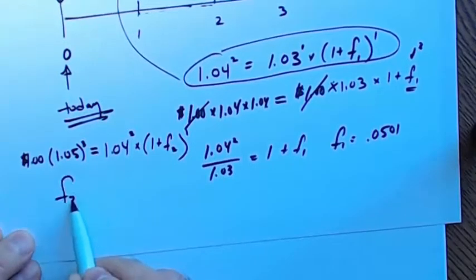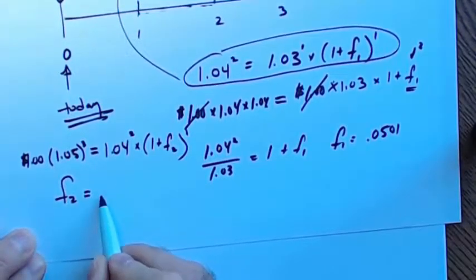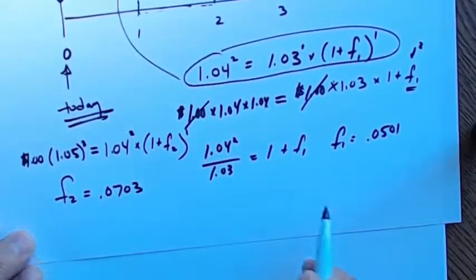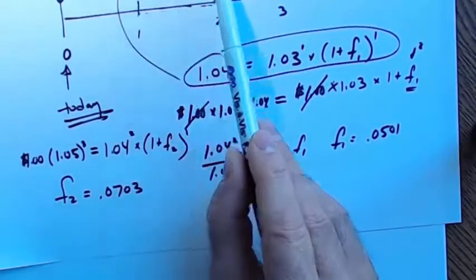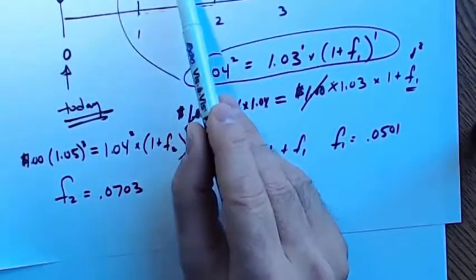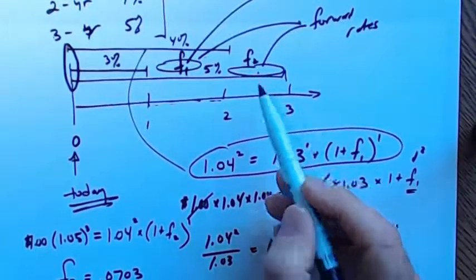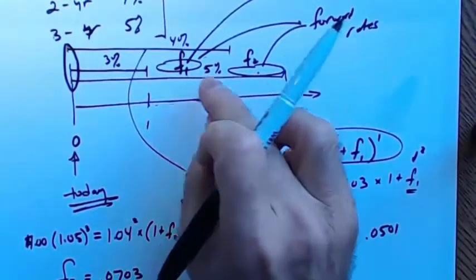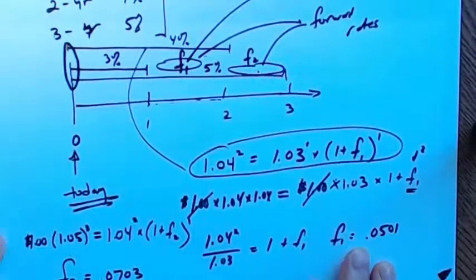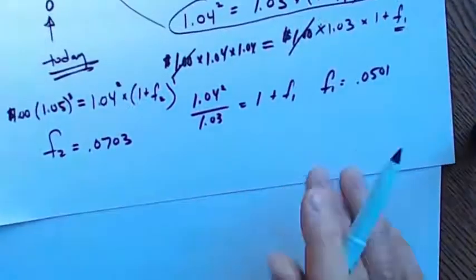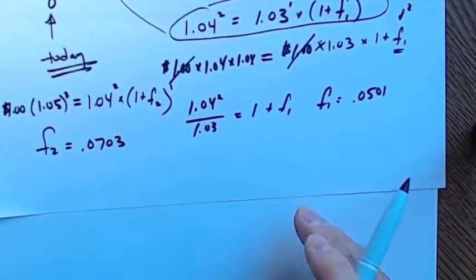And so when we do this math, F2 equals 0.0703. And so you can kind of see that if you take an average of 3, 5, and 7, it'll be 4, ballpark here. And so that's how we're coming up with this estimate geometrically, and using what's sometimes called a no arbitrage argument, but don't worry about that term.